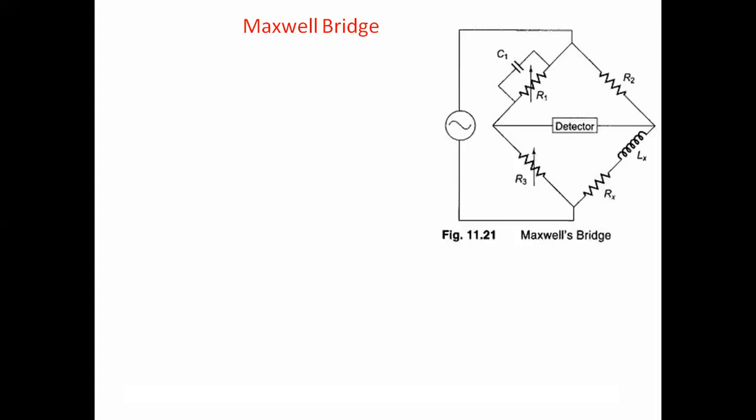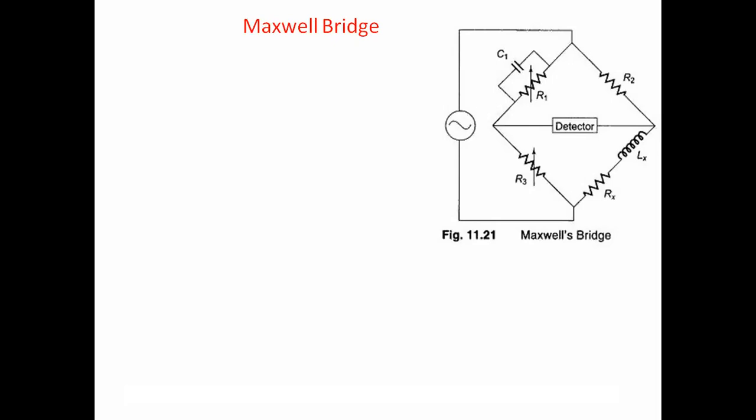So this is the Maxwell bridge structure. Here we are using a variable resistor in parallel with the capacitance C1. A variable resistor R1 is in parallel with C1, which is connected at arm 1.